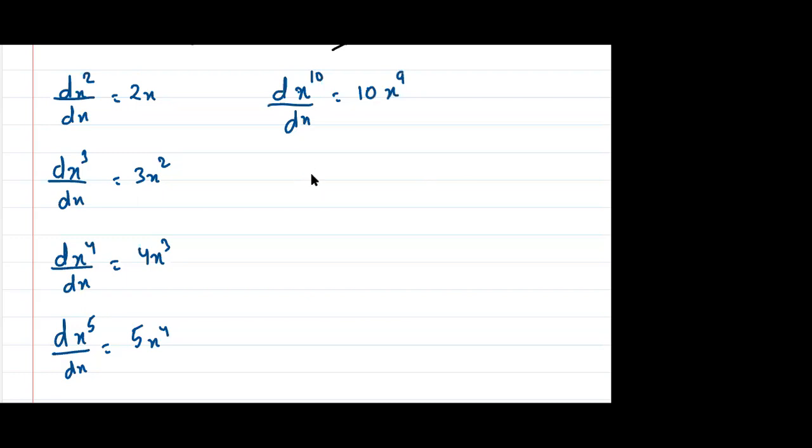What is d(x to the power n) with respect to dx? n into x to the power n minus 1. Did you understand? Did everyone understand? Does anyone have any doubt in this?